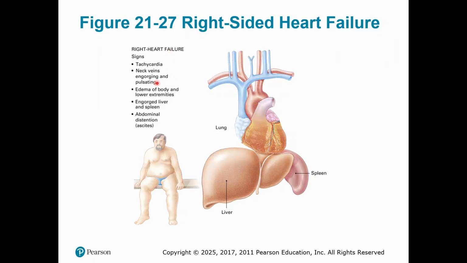We can look for neck vein distension. We can look for lower extremity edema. We're not going to pick up an engorged liver, and sometimes something called ascites, which is abdominal distension.